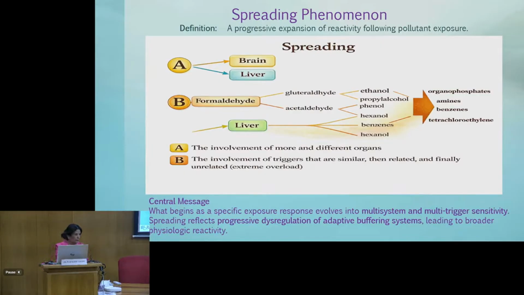But then the body loses the phase of adaptation, and it starts becoming sensitive to multiple different chemicals like ethanol, organophosphates, or tetrachloroethylene. So what begins as a specific exposure response evolves into multiple system and multiple trigger sensitivity. Spreading reflects the progressive dysregulation of the adaptive buffering system, leading to broader physiologic reactivity.